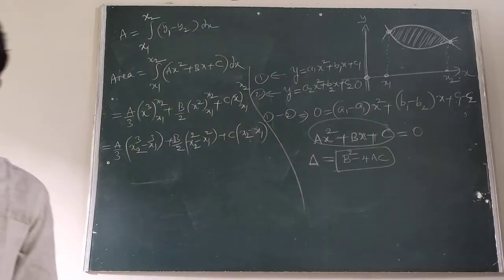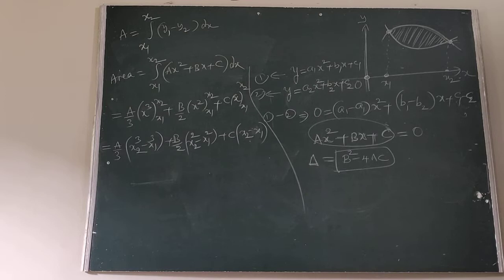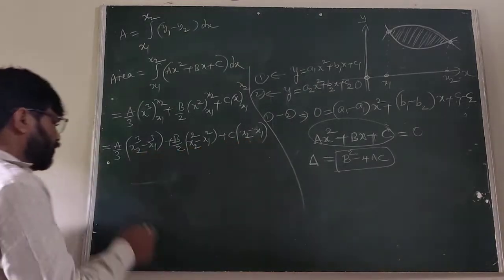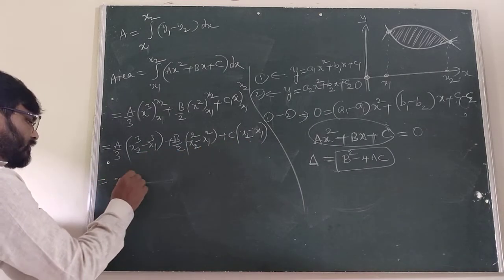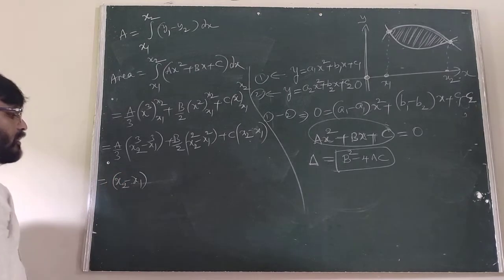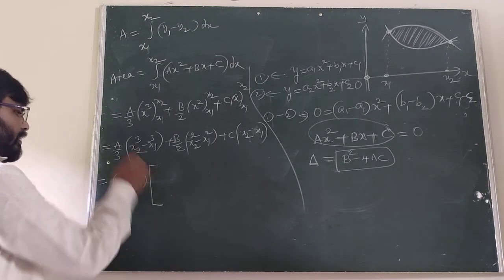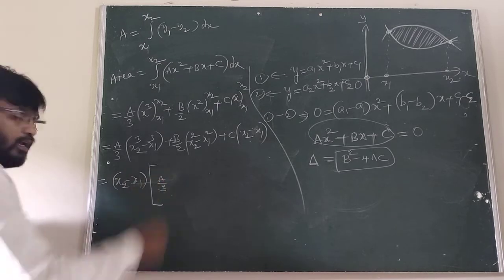So how to write this one? We take the common factor x2 minus x1. Remaining is a/3. All of you listen here.